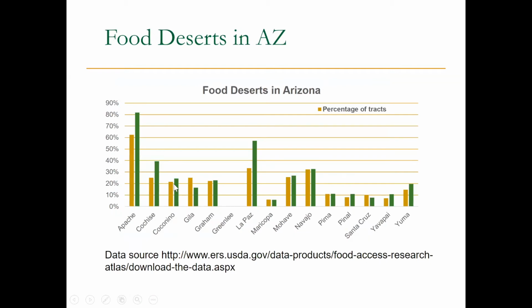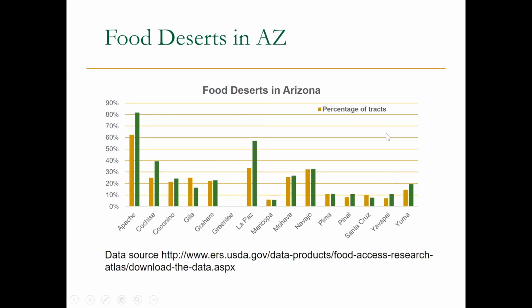In terms of Arizona, I've also made graphs and pictures based on the data collected from USDA. This is by county. This is the percent of food deserts in each county. You'll see some rural counties with very, very high percentages of food deserts.